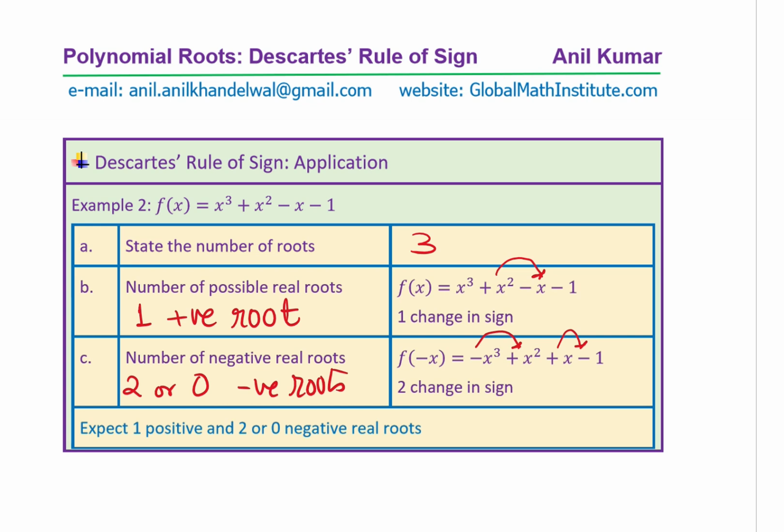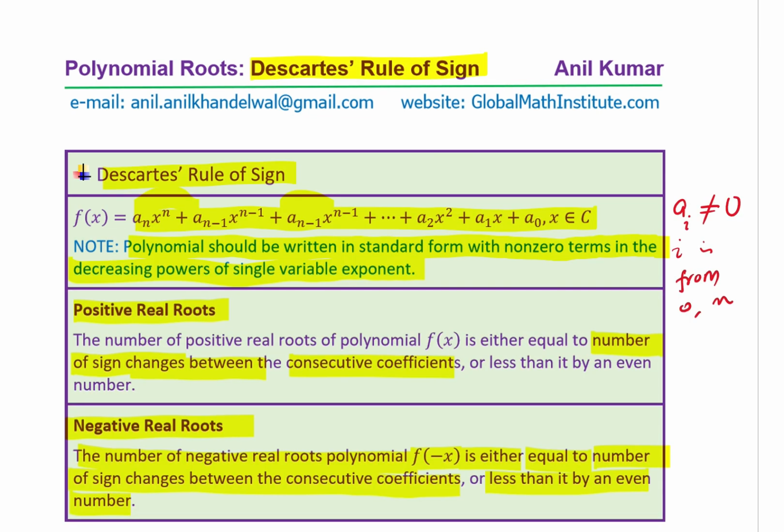So I hope now you have understood the definition. Let's go back to the definition, which says, how do we find the positive real roots? The number of positive real roots of a polynomial f of x is either equal to the number of sign changes between the consecutive coefficients or less than it by an even number. Do you see that?